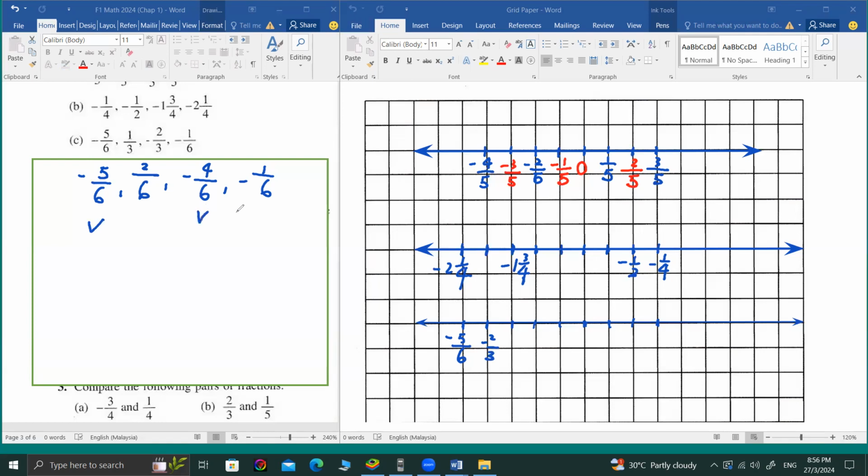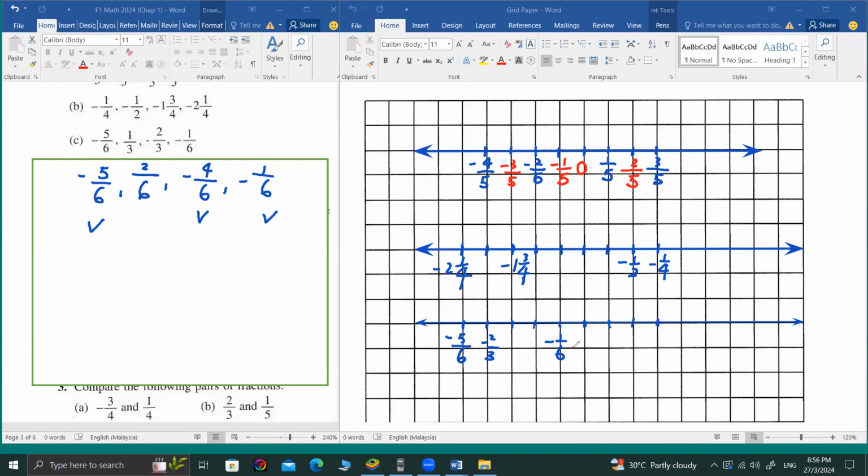Negative 4. Negative 3. Negative 2. Negative 1. See? That negative 1 done. After that, 0, 1, 2. Because here is 0.